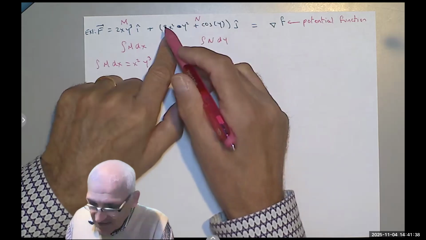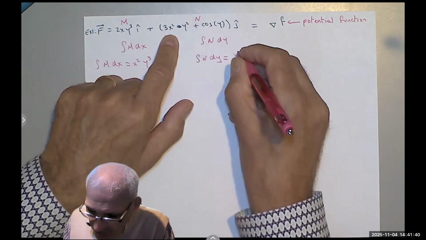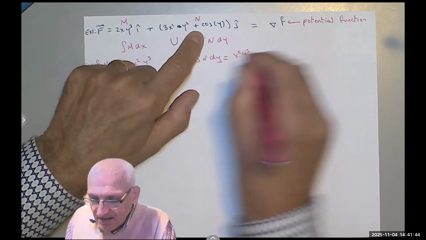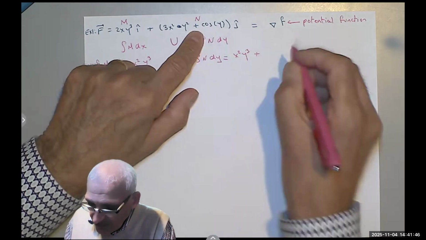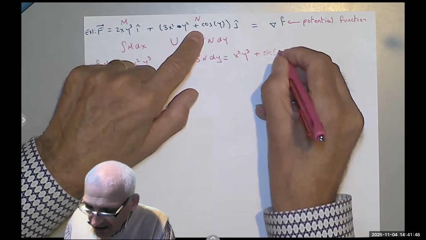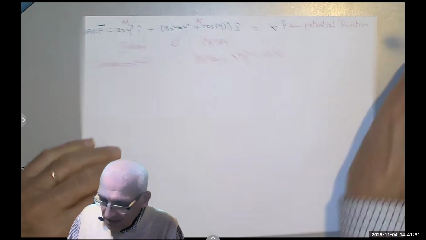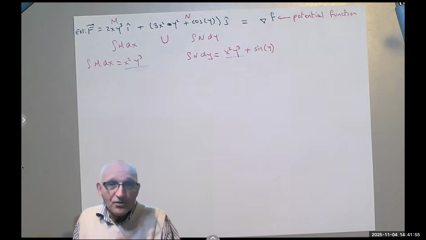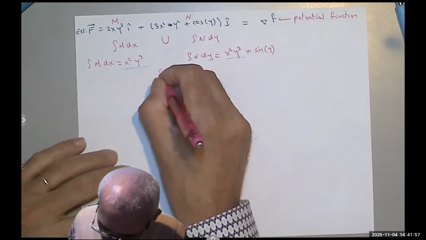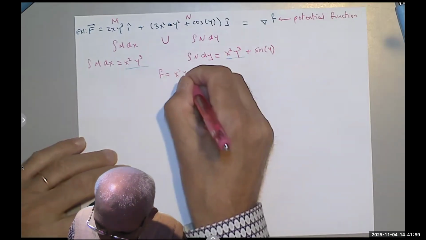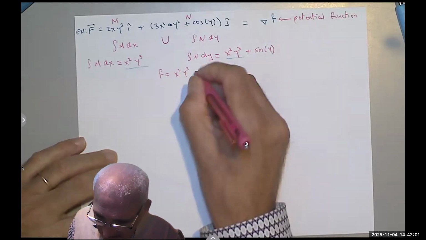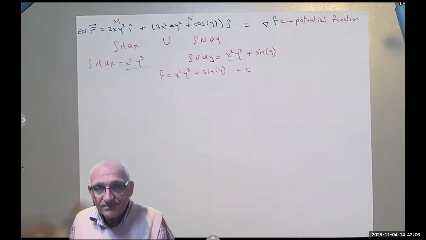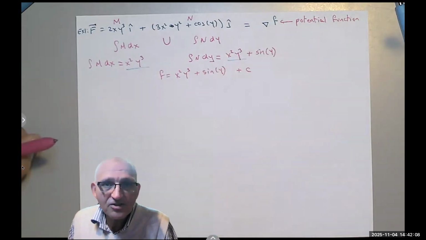The 3 and the 3 cancel, and I get x squared y cubed, plus the integral of cosine, which is sine y. Now, you can see that the term x squared y cubed appears on both. So I'm going to write f equals x squared y cubed plus sine y plus a constant. And this is the potential function.